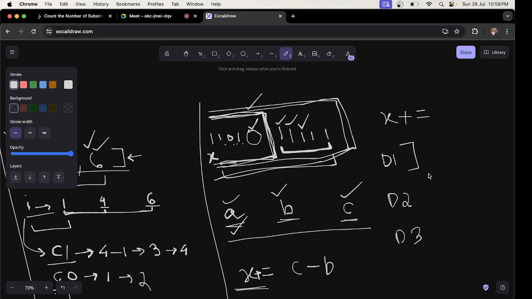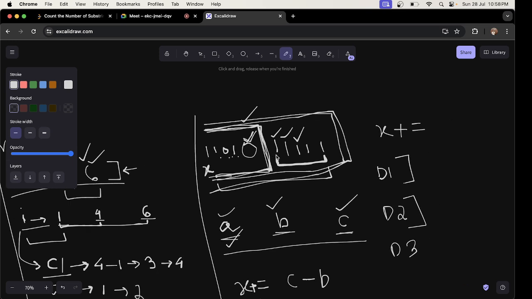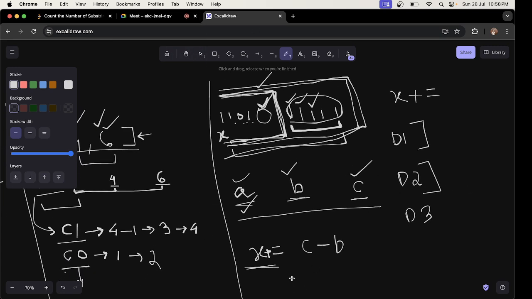Remember, the reason you think it should be multiplied is that only one dominant substring can end with this index, since it's a substring. So there will be exactly one dominant substring that can be extended with these ones, that is ending with 0. Got it, got it. So it will be x plus c minus b in one case.